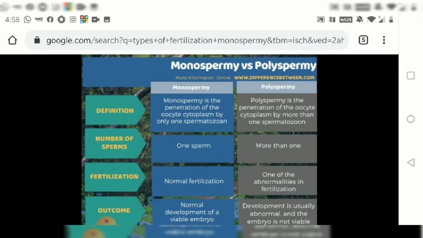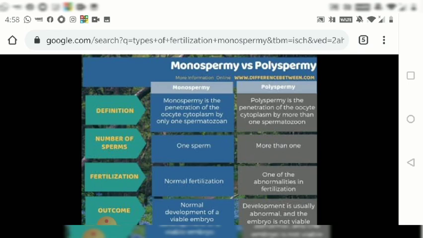So physiological polyspermy means, you might have known that eggs are of different types according to the distribution of yolk. Once there are large yolk eggs such as in mollusks, reptiles, and birds, polyspermic fertilization occurs. This polyspermic fertilization is called physiological polyspermy.